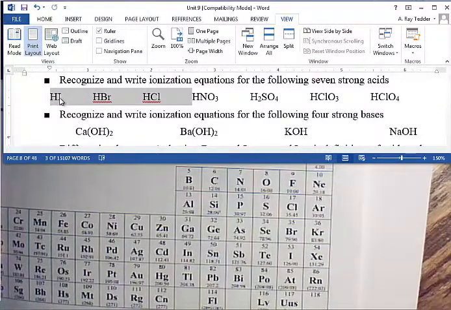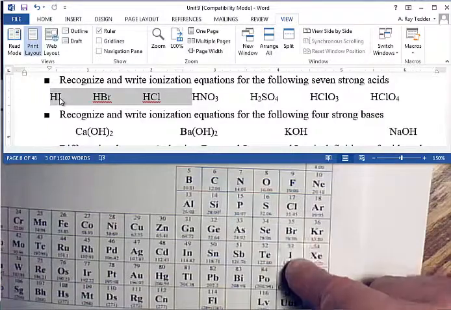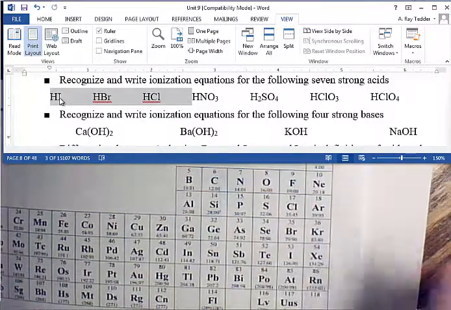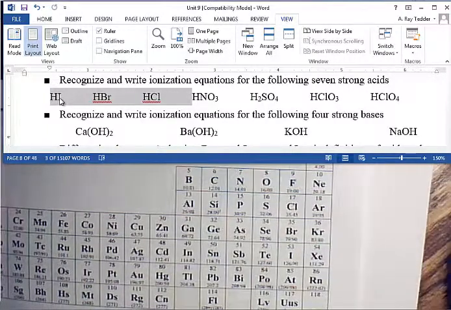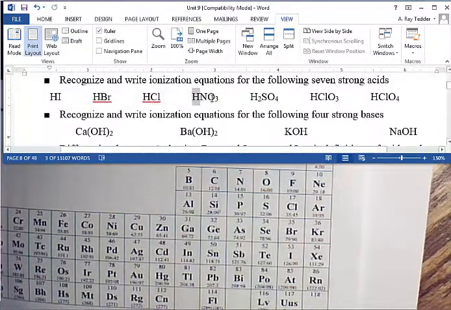That's for the first three up there and not for the last four. But that's how to recognize a binary strong acid. It has a halogen anion that is in the middle, having to do with where they are on the periodic table in column 17 or column 7A. Got that? Let's look at these others then, all these oxyacids.